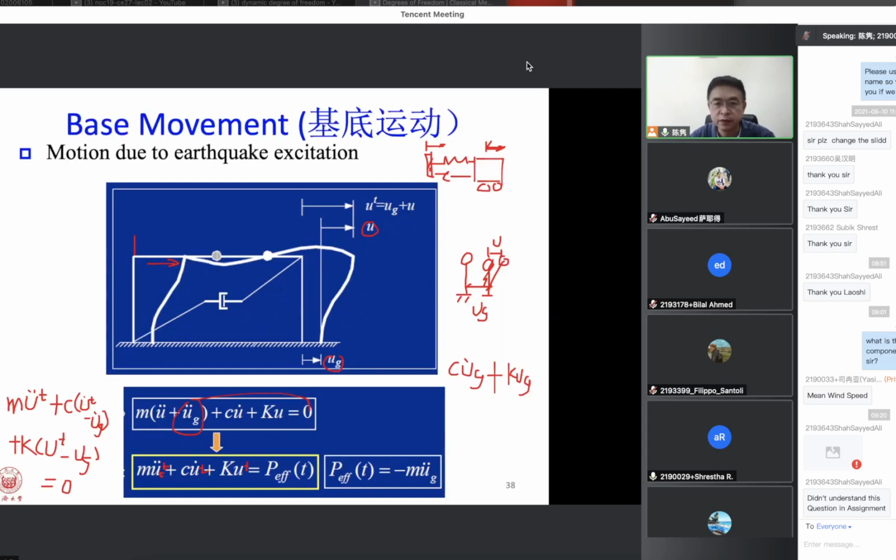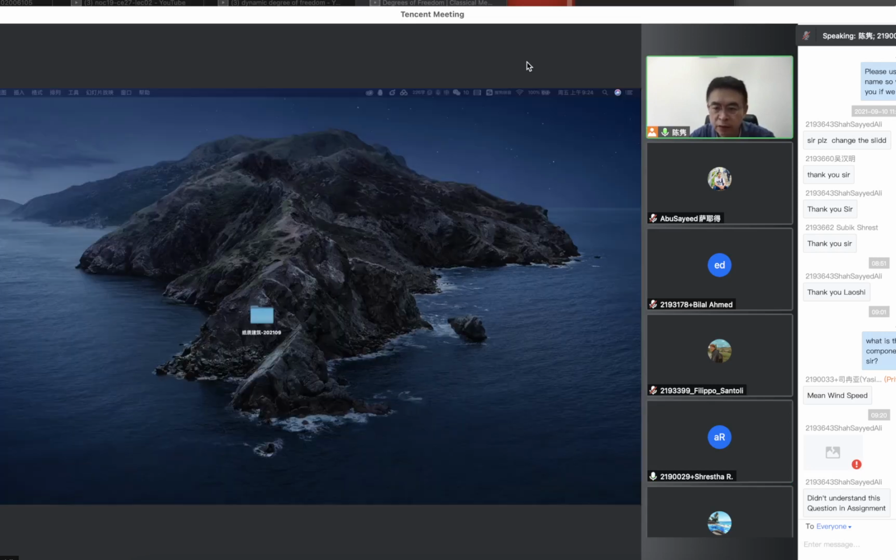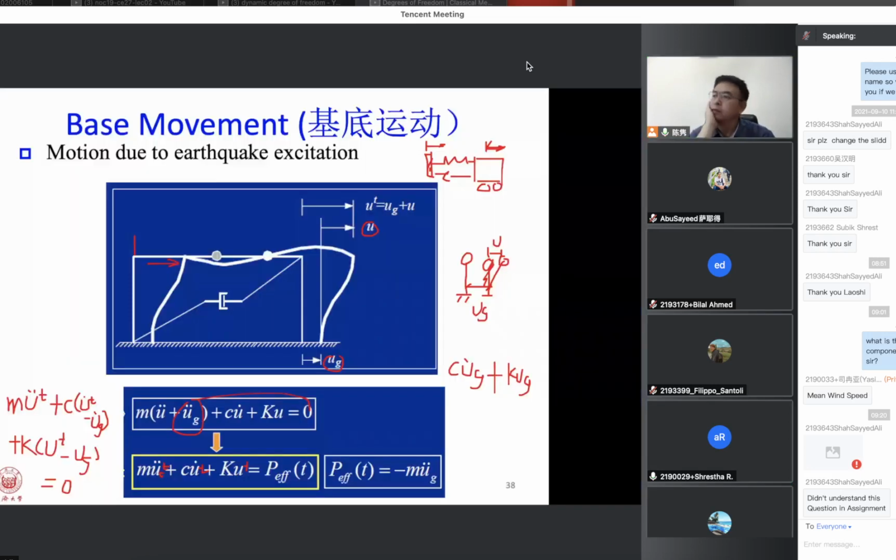Professor, can I ask a question? Sure, please. I have a question related to slide number 38. I have confusion about how we can represent this P effective t equals minus m u double dot g in this figure.